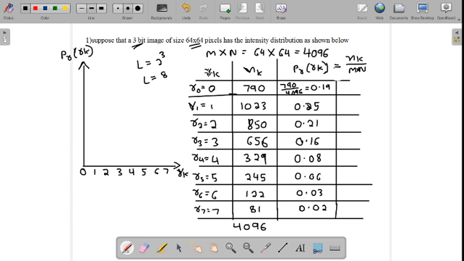You need to plot this with 0.05, next 0.10, next 0.15, next 0.20.